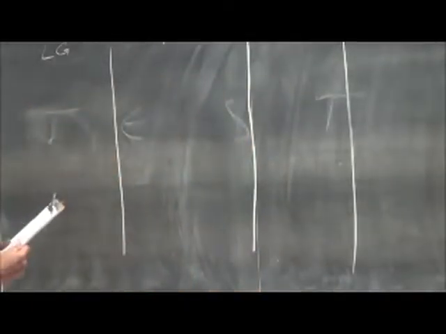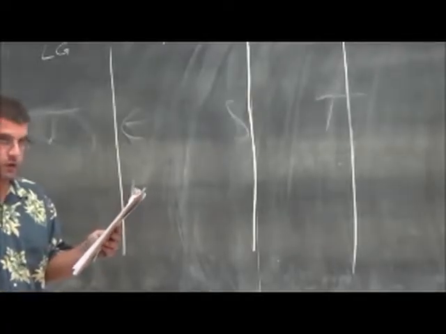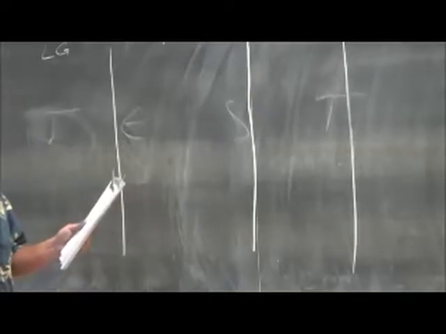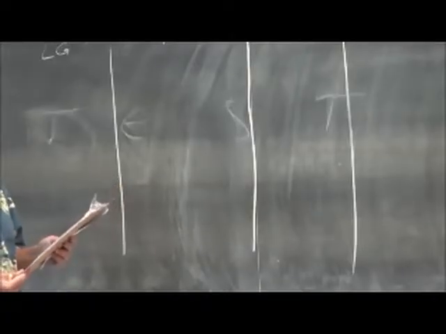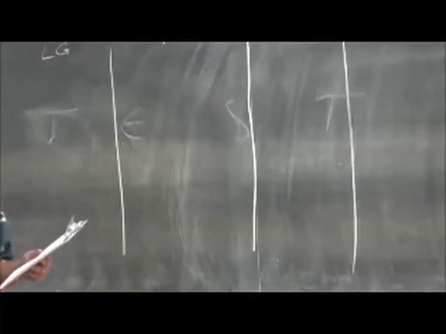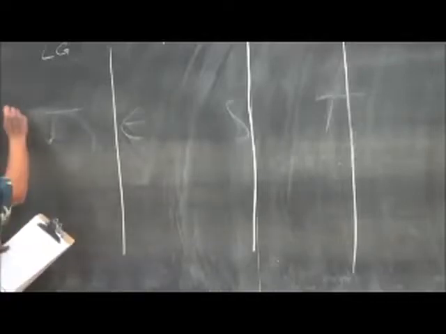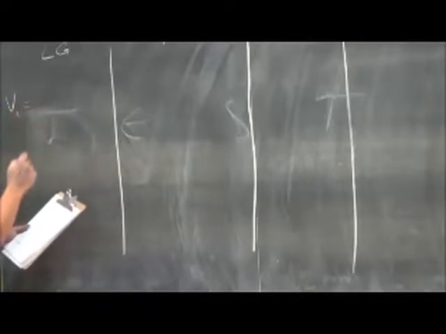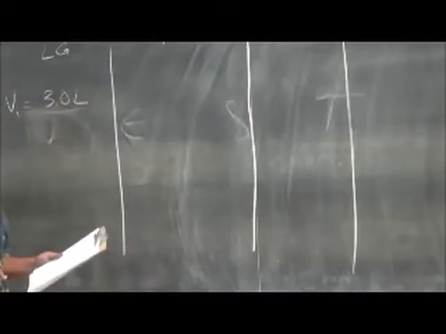So the first problem says, calculate the increase in temperature, circle that, when 3 liters, liters is a unit for volume, at 28 Celsius is expanded to 4.1 liters. So let's take a look at what we have and we'll talk about the Celsius to Kelvin conversion. Our V1 in this case is going to be 3.0 liters.